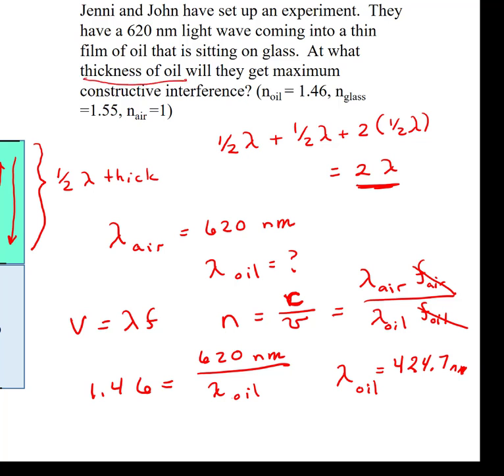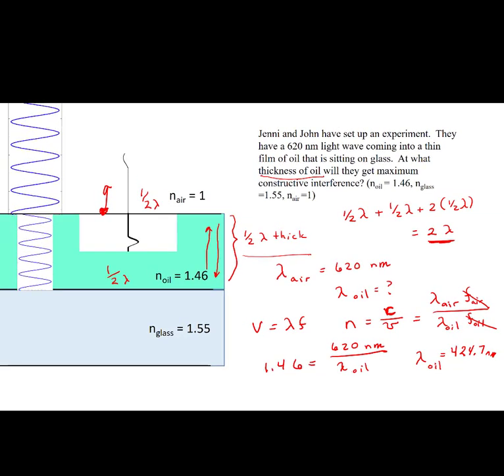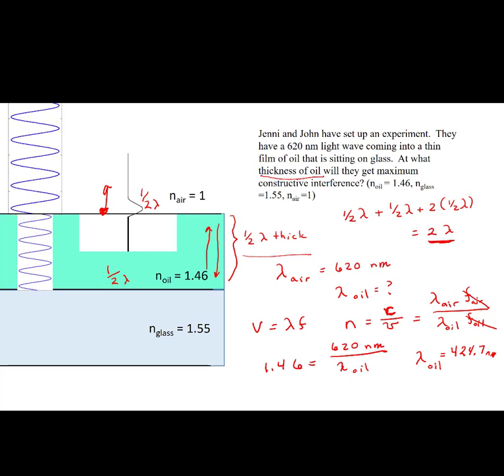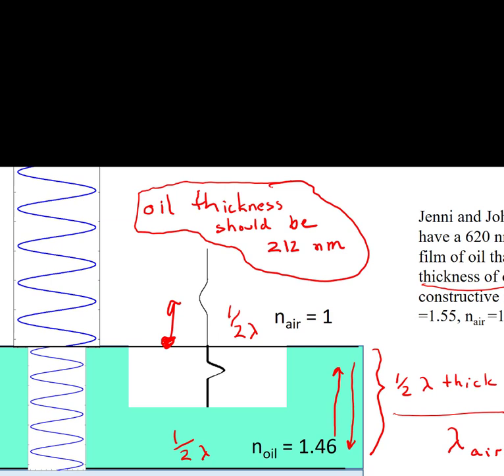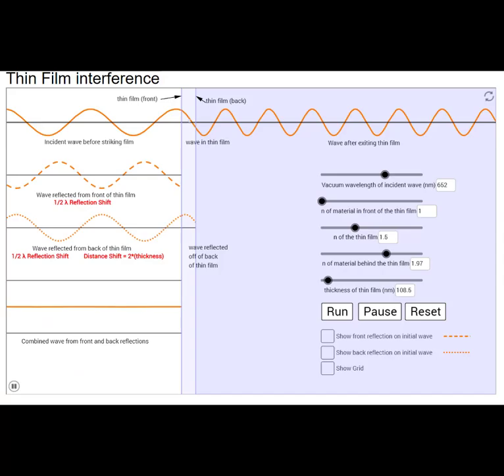We decided from our reasoning that the thickness would be half a wavelength, and half of 424.7 is, magically enough, 212.3 nanometers. So our oil thickness should be 212 nanometers.